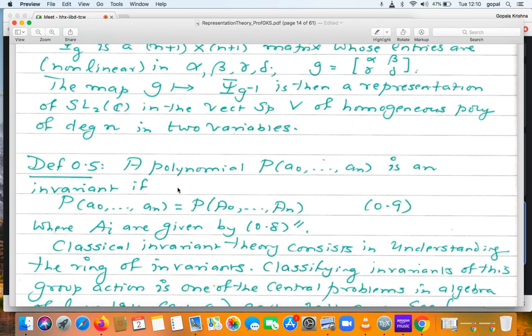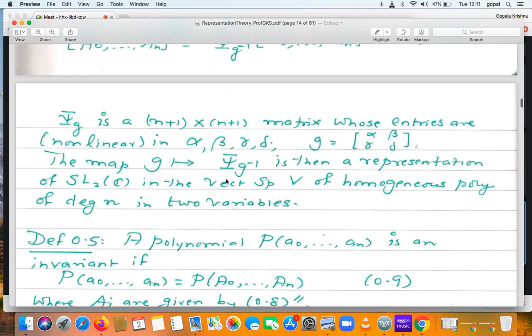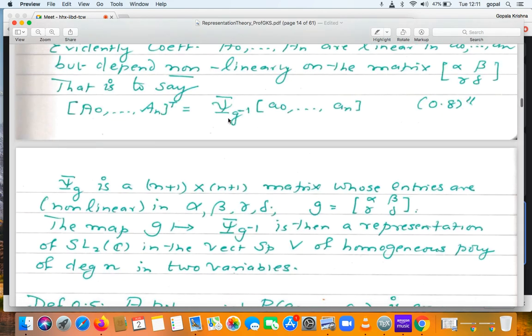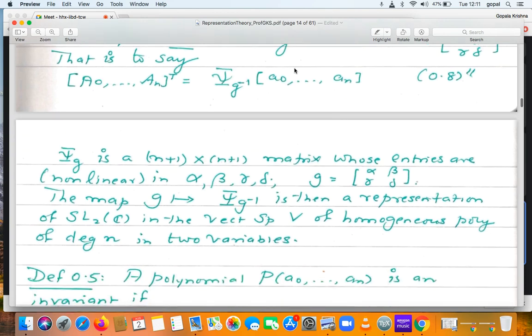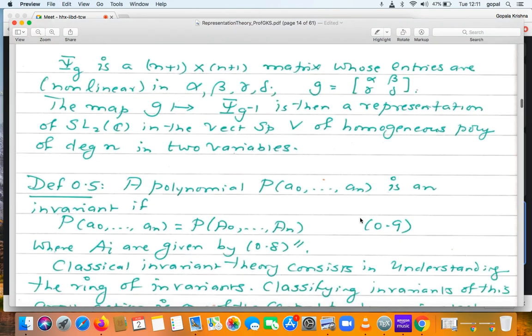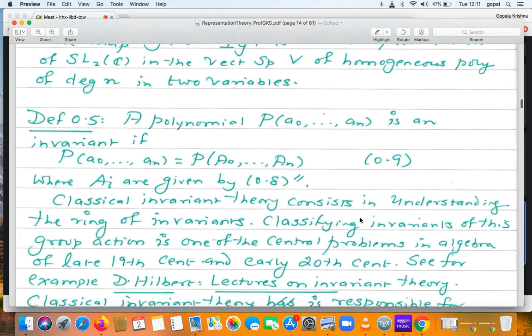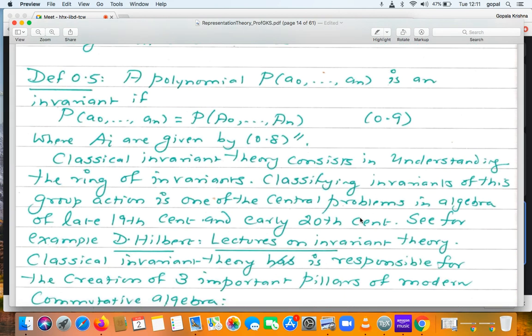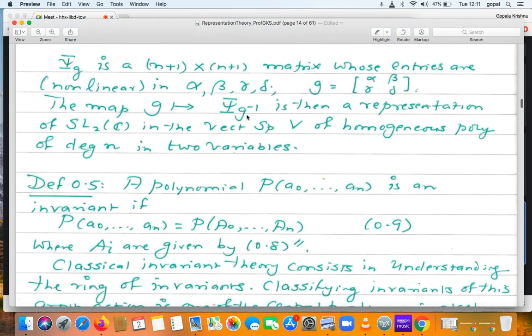Invariant means that capital P of psi of g inverse applied to a0, a1, up to an should be the same as capital P of a0, a1, up to an. Is invariance clear? This is equation 0.9. Invariance should hold for all elements of the group.